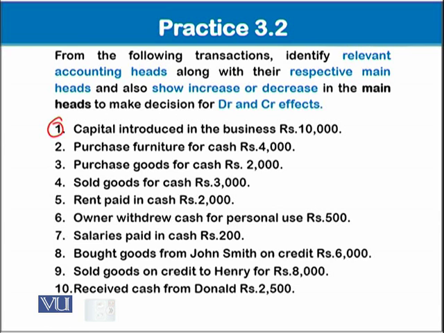So what we have to do in this practice, we have to identify relevant accounting head, and then we have to relate that with its respective main head, and then we have to see either there is an increase or decrease because of that transaction in the main head, and then finally we will decide which accounting head should be debited and which should be credited.